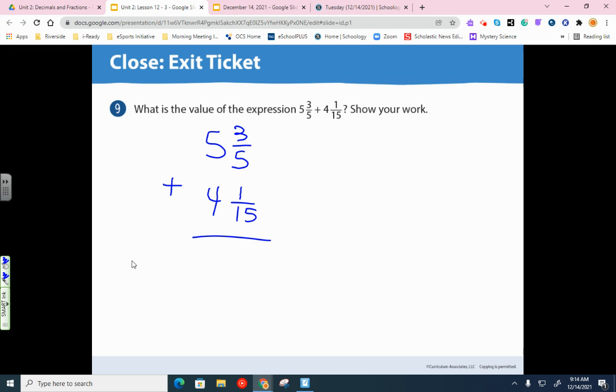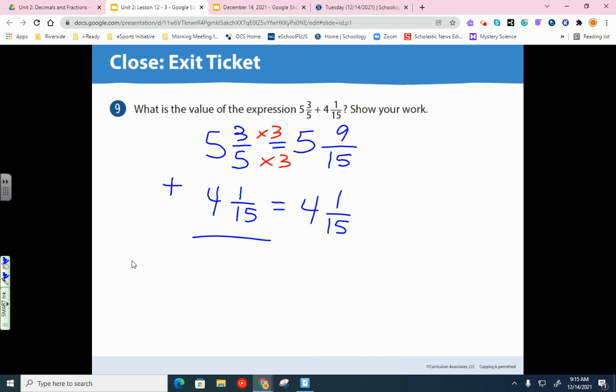So with this one, we have 5 and 15. We should know that the common denominator is going to be 15 because 15 is a multiple of 5. So we're going to leave that one alone. We do have to convert this 3/5 though. So if I multiply by 3 on the top and by 3 on the bottom, this makes 9/15.